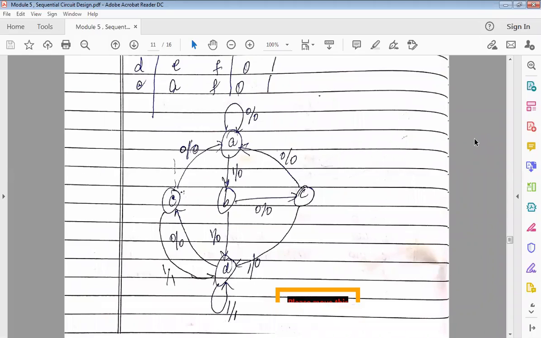So any doubts that you have so far with the concepts discussed? Students, any doubts? No, sir. Okay, fine. The only key here is to practice. Just look at the problems and try to solve them.